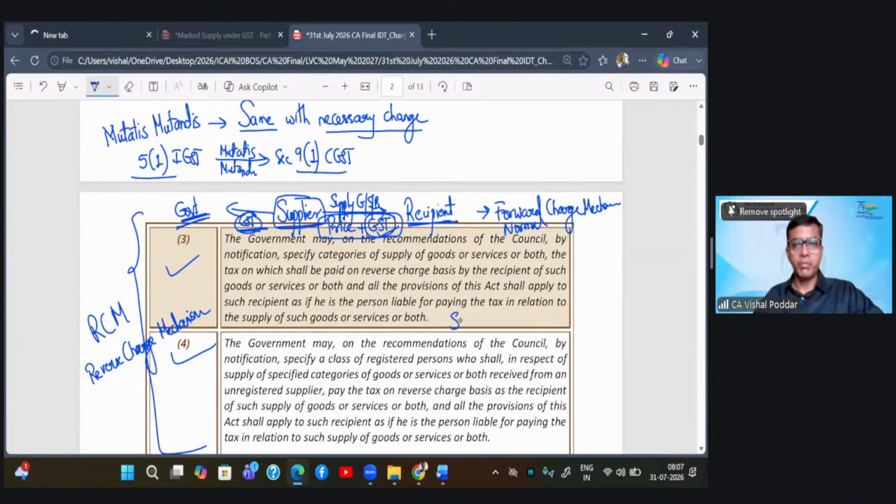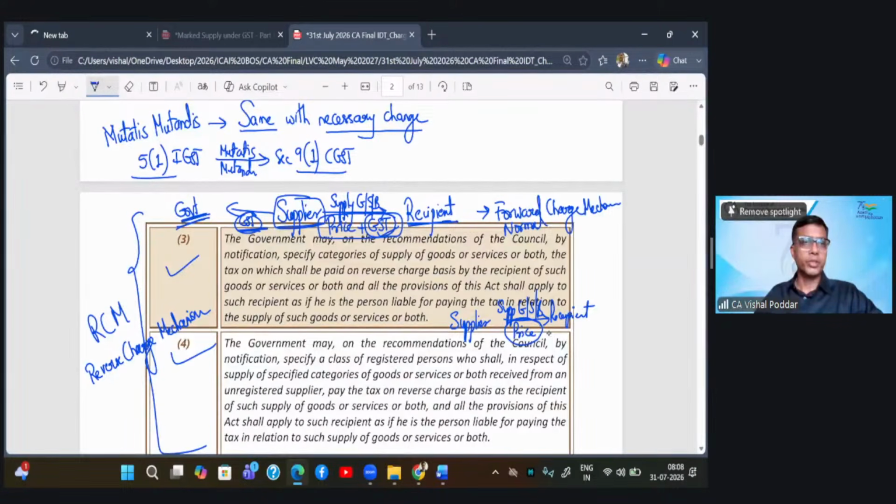Same thing is happening. There is a supplier. The supplier is supplying you goods or service or both. You are the buyer. Now here the supplier is only charging and collecting from you the price, not the GST.